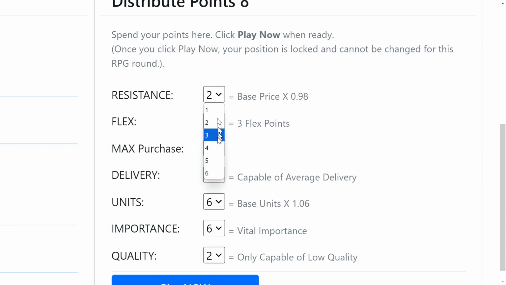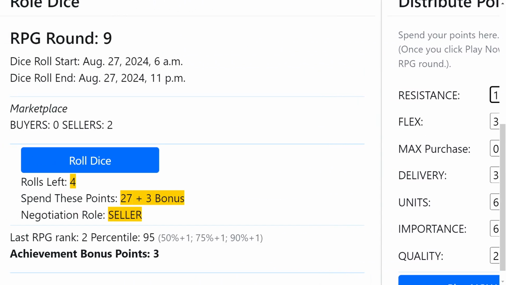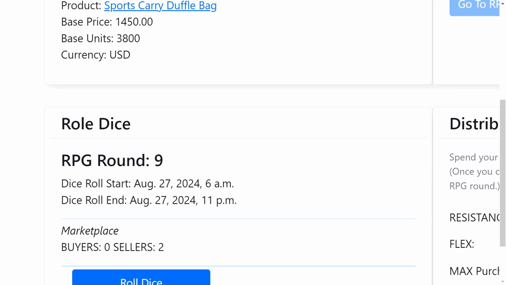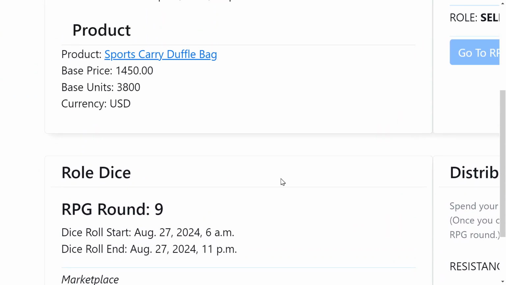Let's go with resistance. If we choose 1, what we have is the base price. Remember, the base price is summarized based on the product. Here, the base price is $1,450. We also have base units, which in this case is 3,800 base units.